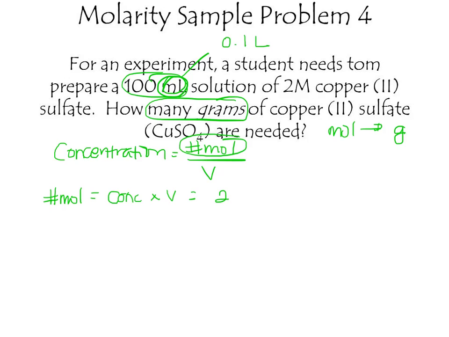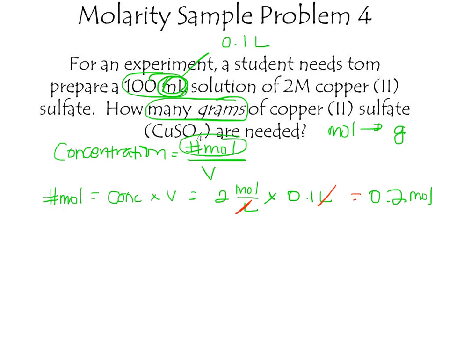So 2 capital M, that's moles per liter, times 0.1 liter. If we cancel the units, we end up with the number of moles, and our final answer should be 0.2 moles.